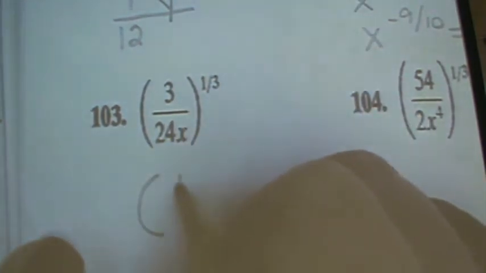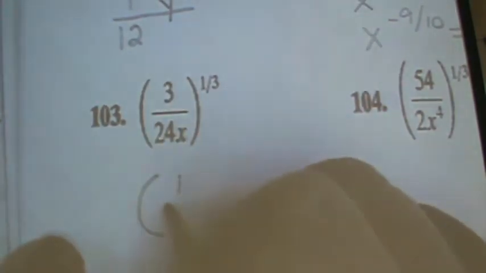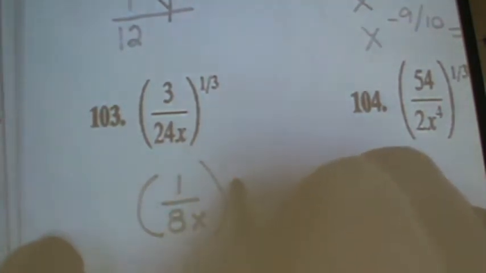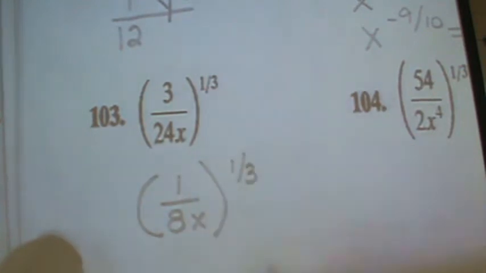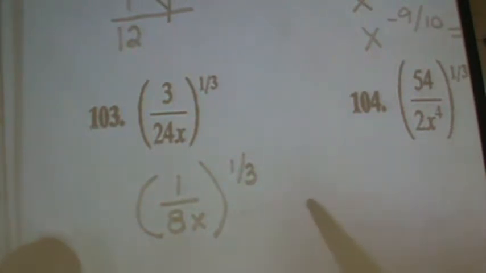See if you can simplify what's in here first. Well, obviously 3 over 24 is 1/8. And you can take the cube root of 1/8.